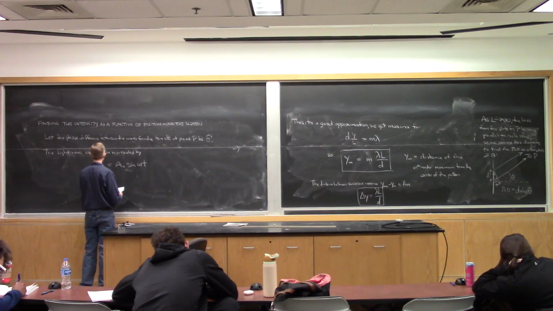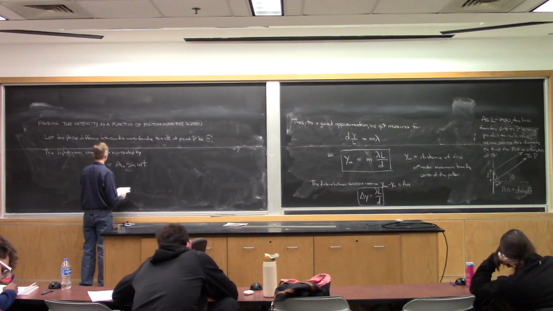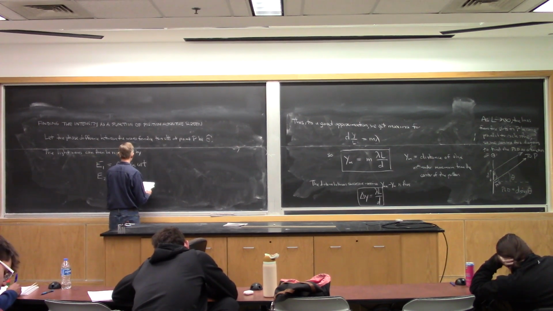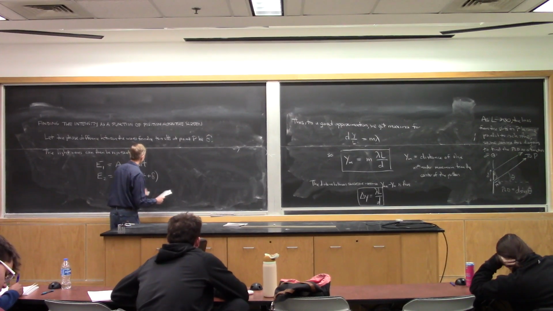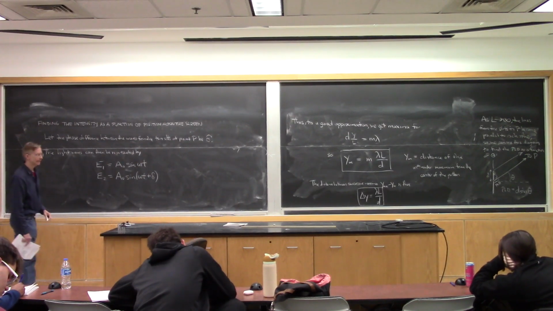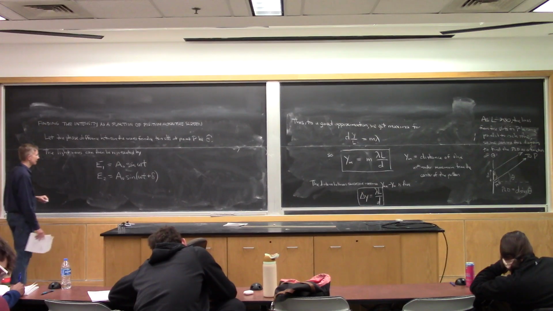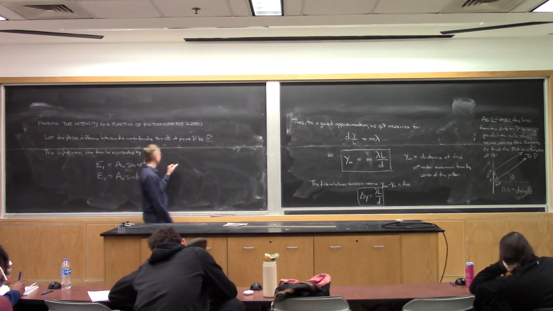And E2, because of the phase shift, will be A naught sine of omega t plus that phase shift. So it'll be advanced or retarded in phase compared to the wave from slit 1. So A naught here is the amplitude.